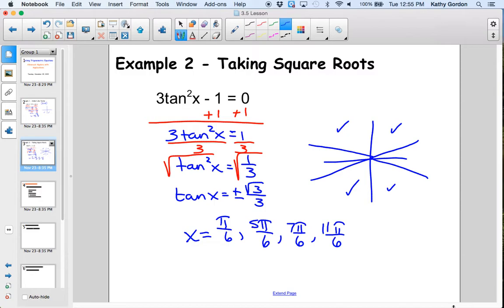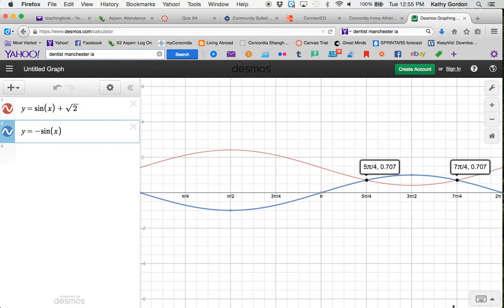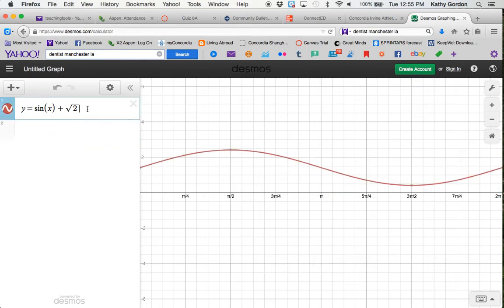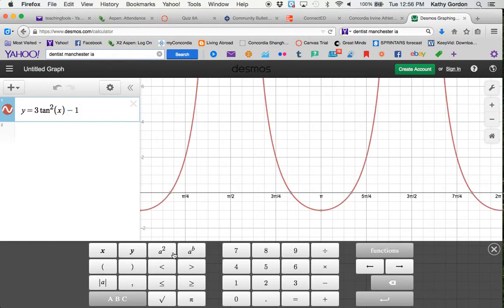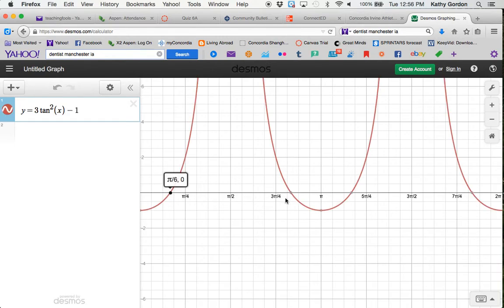Okay? And again, if we do a quick check, this time, since our equation was equal to 0, I don't really need the second equation. I'll just look for where the x-intercepts are. So 3 tangent squared of x minus 1. I've got one right there, right there, right there, and right there. How'd we do?